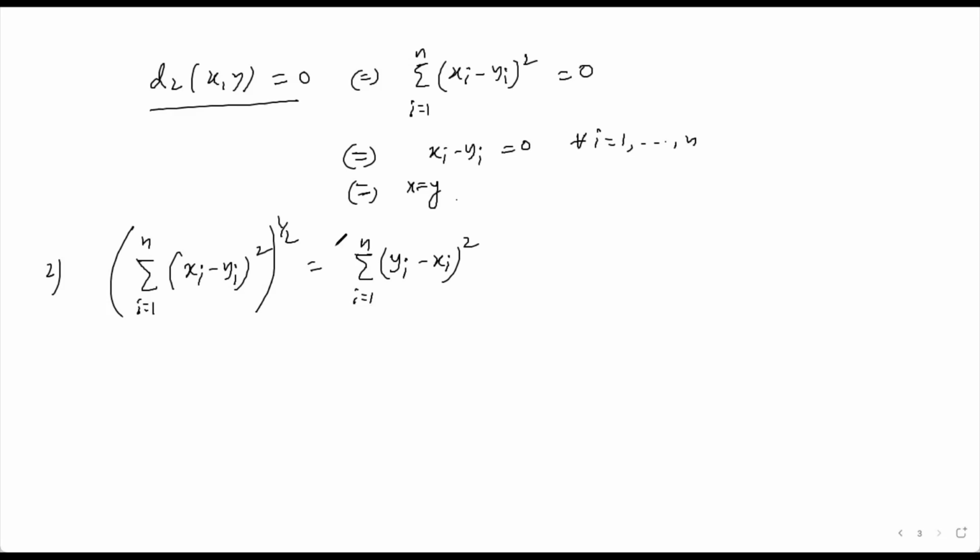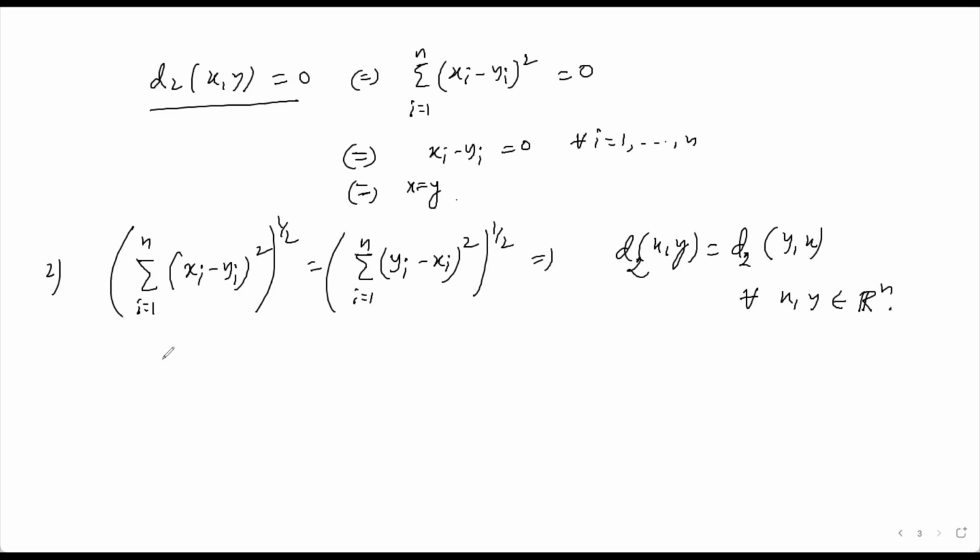Therefore, the power half is also equal. So this implies d2 of x, y is equal to d2 of y comma x. This happens for all x comma y belonging to Rn.